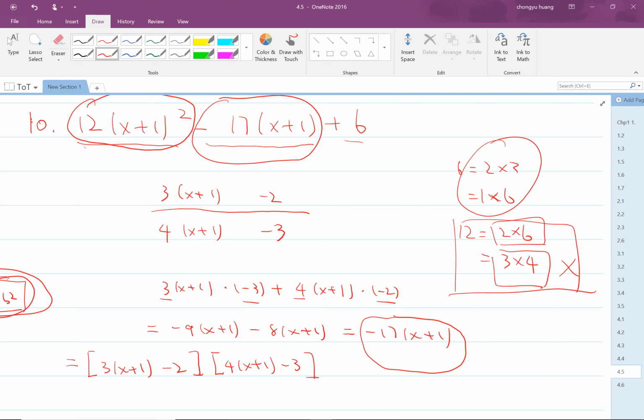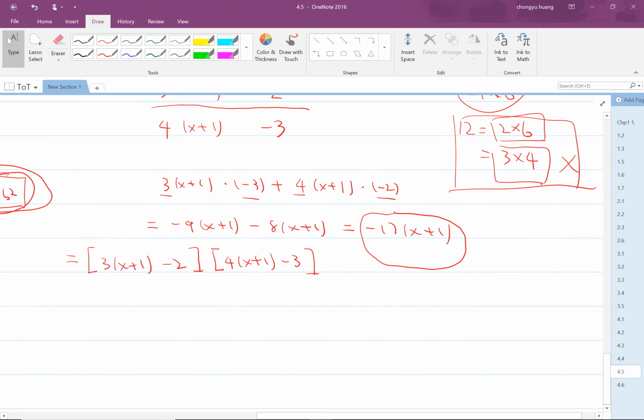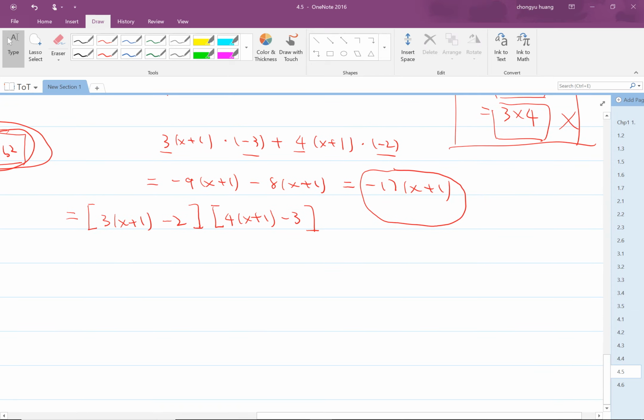So up to this point, you can simplify a little bit more. That's also okay. We can simplify the thing inside the bracket, right? So we have 3x plus 3 minus 2 in a bracket, and then 4x plus 4 minus 3 in a bracket, right?